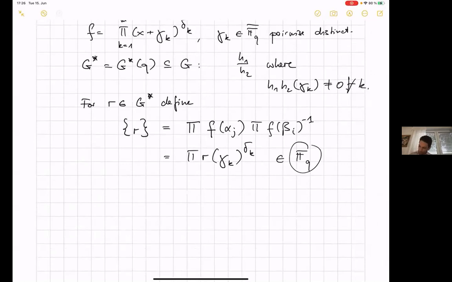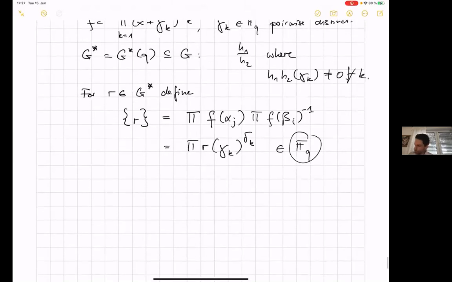And later, this will be used for a numerical character. Later, I use a character so that it becomes actually a complex number. Right now, it's a number in F_q. And this is obviously multiplicative. You see this from the definition. So obviously, {R1 R2} is {R1}{R2}.